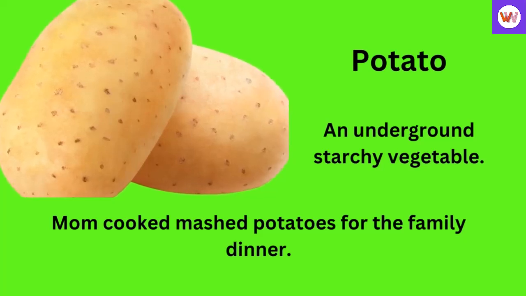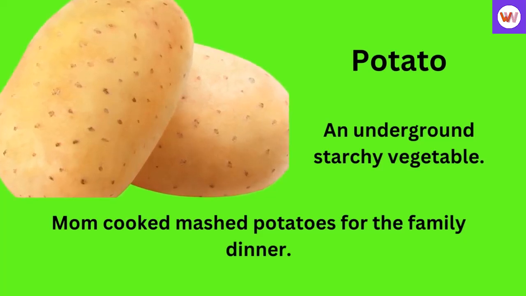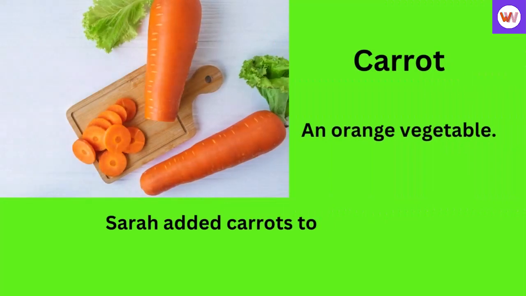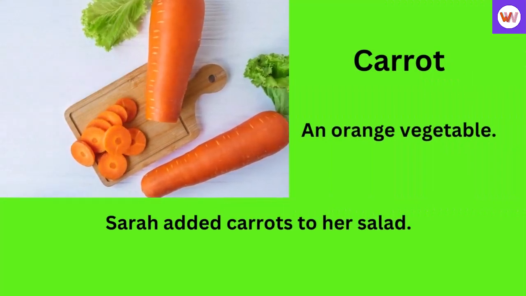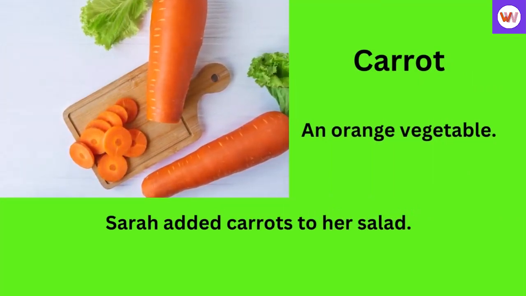Potato. An underground starchy vegetable. Mom cooked mashed potatoes for the family dinner. Carrot. An orange vegetable. Sarah added carrots to her salad.